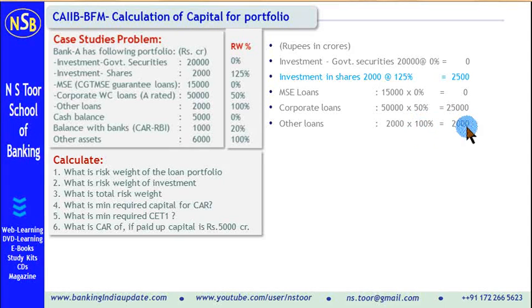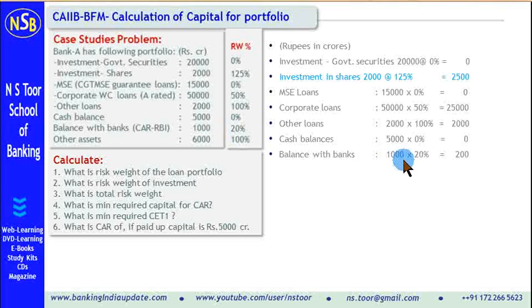So risk value will be 2,000. Cash balance, amount is 5,000. Risk weight is 0. Hence the risk value is 0. Balance with other banks 1,000 crores. Risk weight 20%. Hence risk value 200. Other assets 6,000 is total amount. Risk weight is 100%. Hence risk value is 6,000.